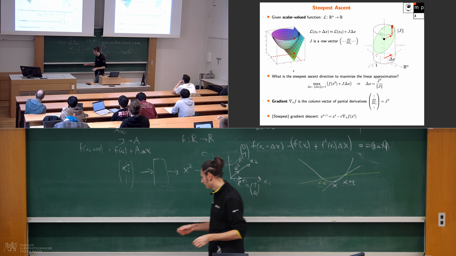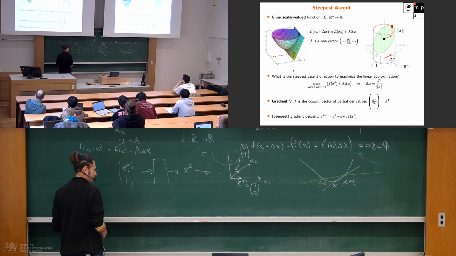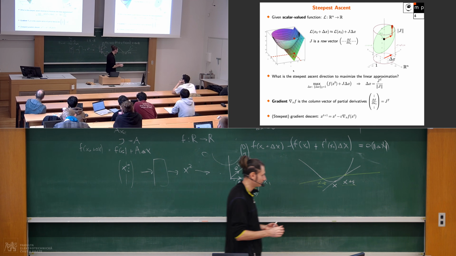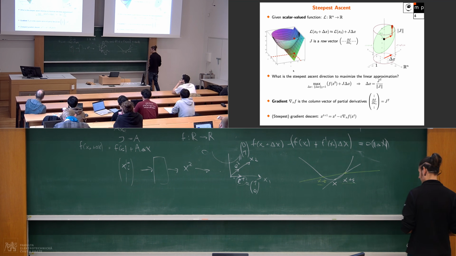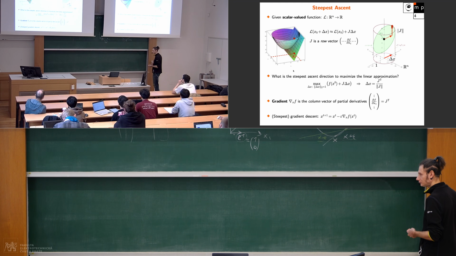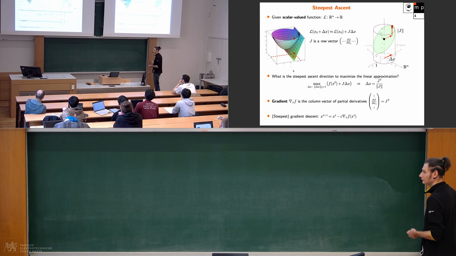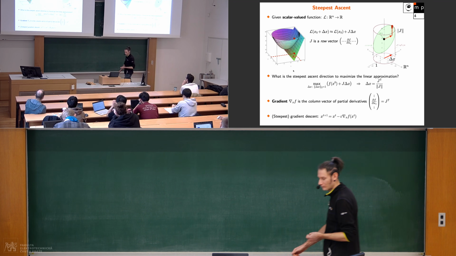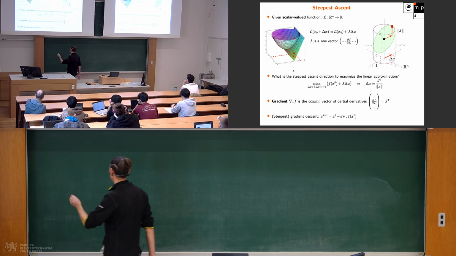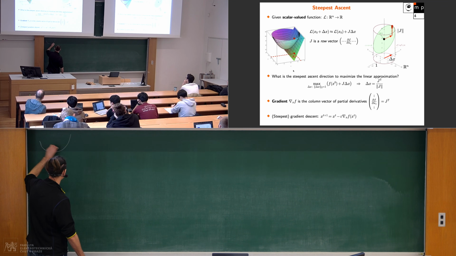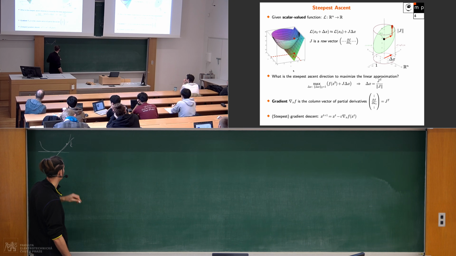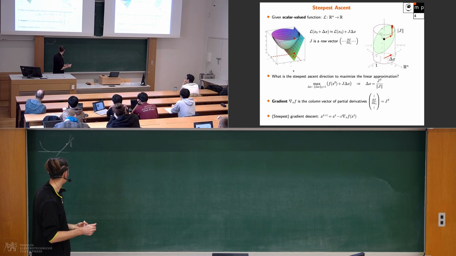Then, let's also get it clear what's the difference between derivative and gradient. For a function of one variable, there is no difference, right? So we could call this slope k a derivative, or we can call it a gradient.